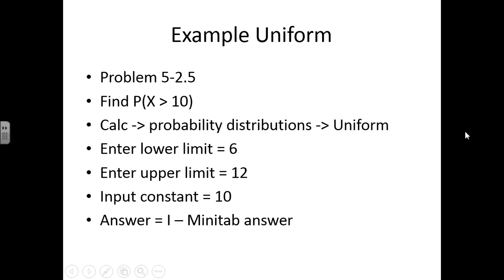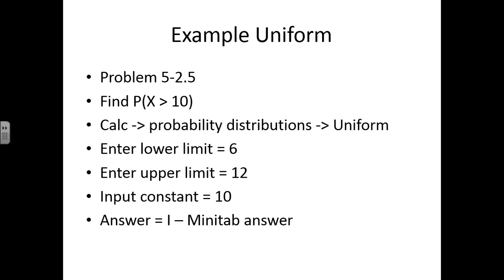So if we were going to do an example of a uniform probability distribution, let's look at the problem in chapter 5, section 2, number 5 in the problem set. That problem asks us to find the probability that x is less than 10 for a uniform distribution. In Minitab, we're going to go to Calc, then Probability Distributions, and then in the next drop-down menu, one of the choices is going to be Uniform.